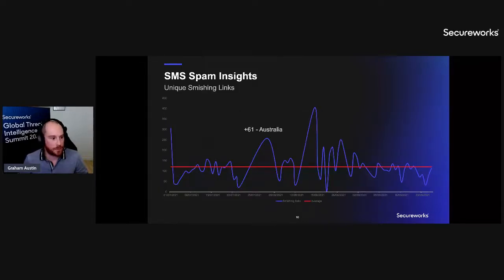I've taken a snapshot of some of the data we've collected. Here you're looking at a capture relating to unique SMS links that we've captured over about a 3-month period. Devices that are sending SMS spam are rate limited by the command and control, and the rate limit can range between 5 seconds to 2 minutes.